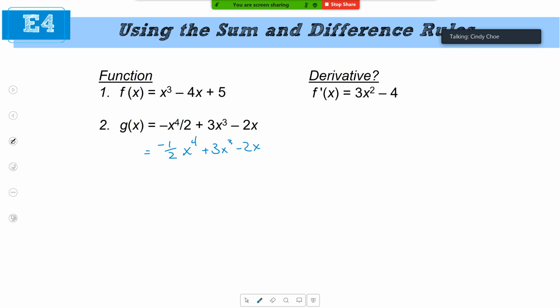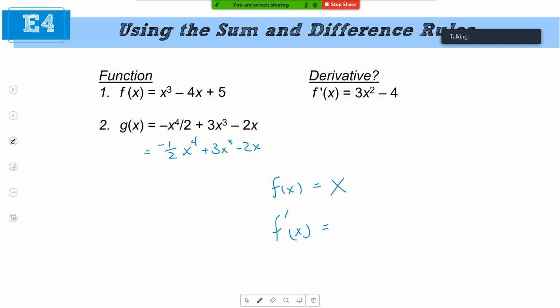I don't get the minus 4 part. Okay, so what's the derivative of x? So let's say this is f of x. What's f prime of x? 1? Good.